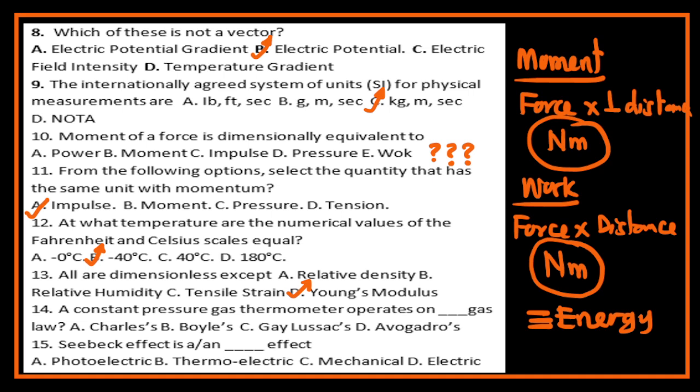Question 14. Question 14 says, a constant pressure gas thermometer operates on dash law. Who can answer that? Anybody? Which law governs the operation of a constant pressure gas thermometer? Is it Charles' law? Is it Boyle's law? Is it Gay-Lussac's law or Avogadro's law?